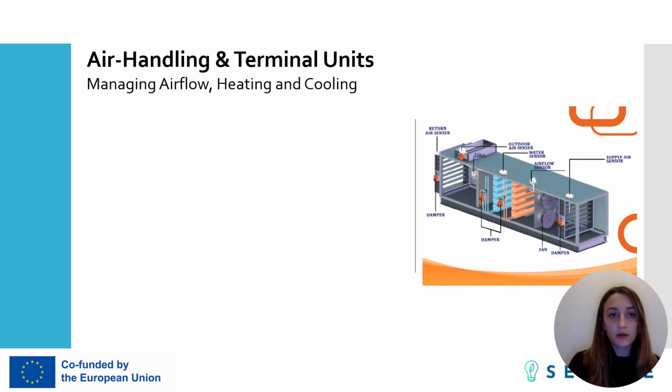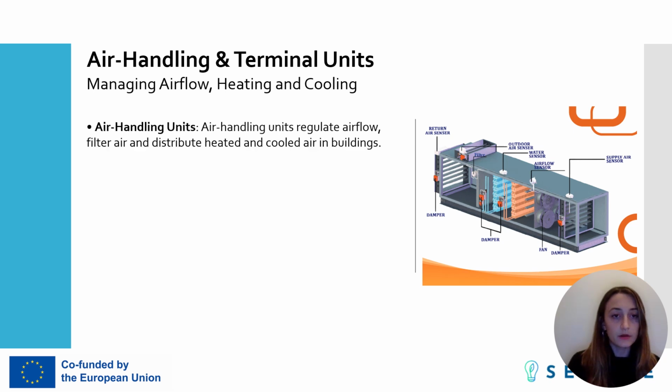The final part of the HVAC system is the air handling and terminal units, which are responsible for managing airflow during heating and during cooling. The units regulate airflow, filter the air, and distribute heated and cooled air around the building.